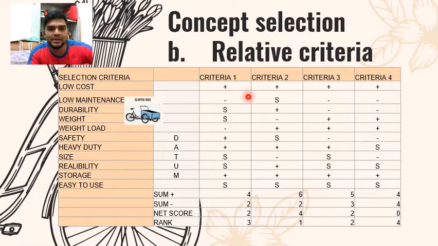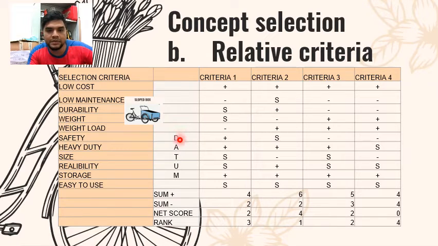B, relative criteria. We use the slot box for the datum of the relative criteria. For criteria 1, concept design number 1 for low cost is better than datum, low maintenance is lower than datum, durability, weight, size and reliability are the same as datum.